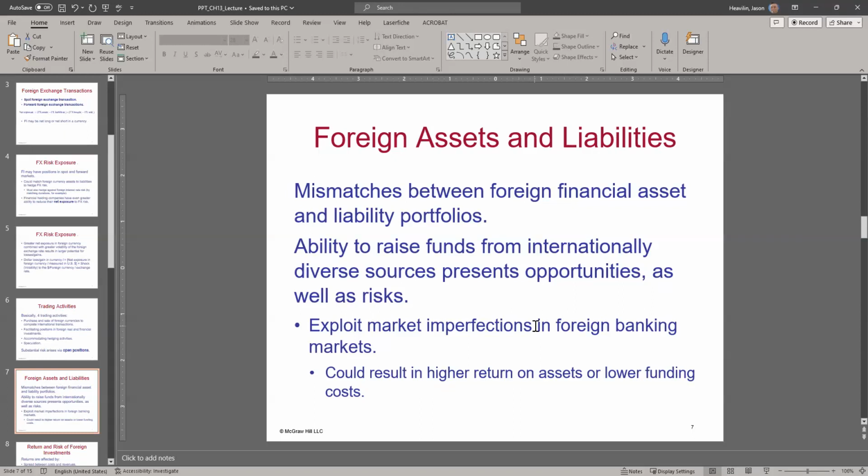There might be differences between their interest rates and their foreign exchange rates. That would be a market imperfection. Now, those don't last, but if you catch it, there's an opportunity to make a few dollars. And when I say a few dollars, it depends how much you move at the moment.